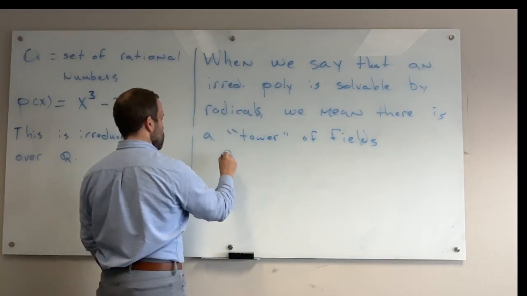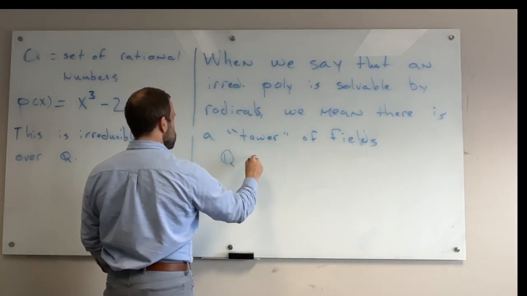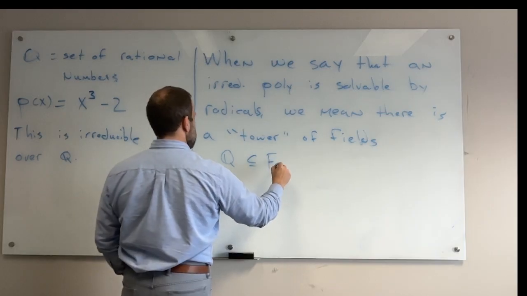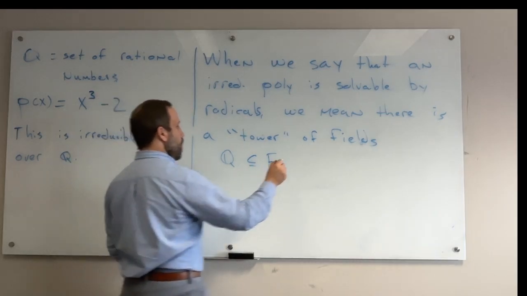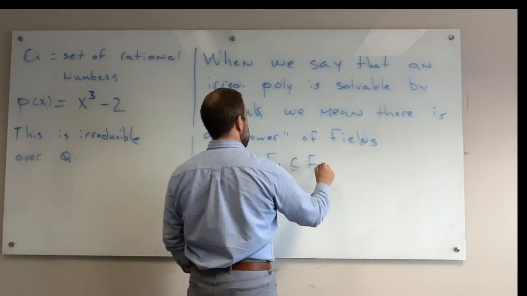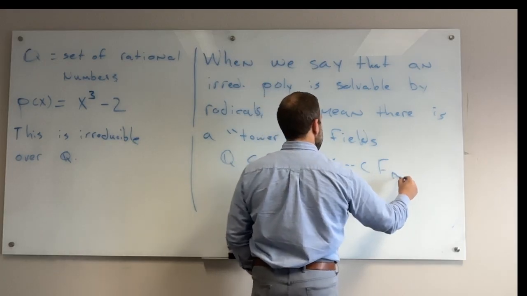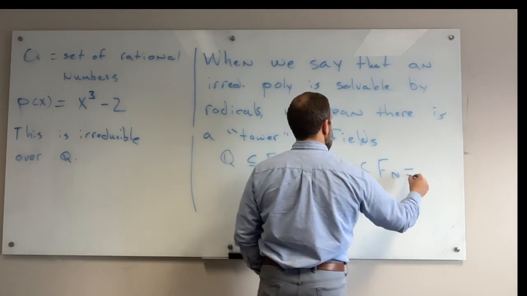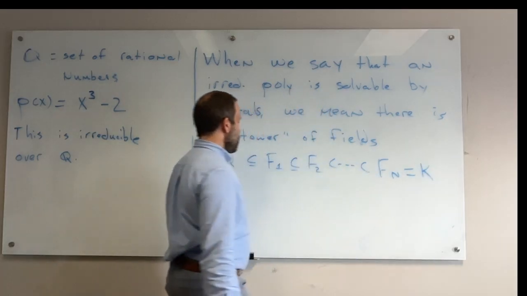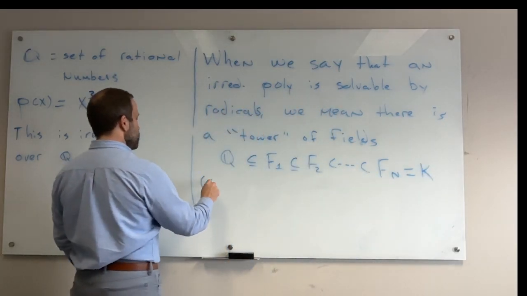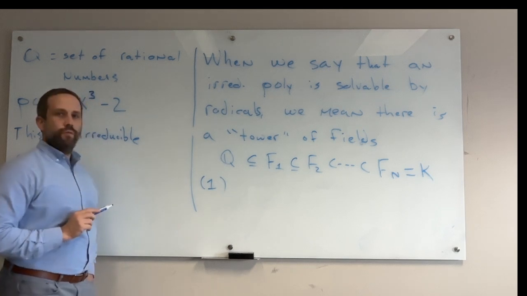Q is going to be contained in, a subfield of, F1. This is going to be a subfield of F2, all the way up to a field Fn that we're going to call K, such that basically two things are true.